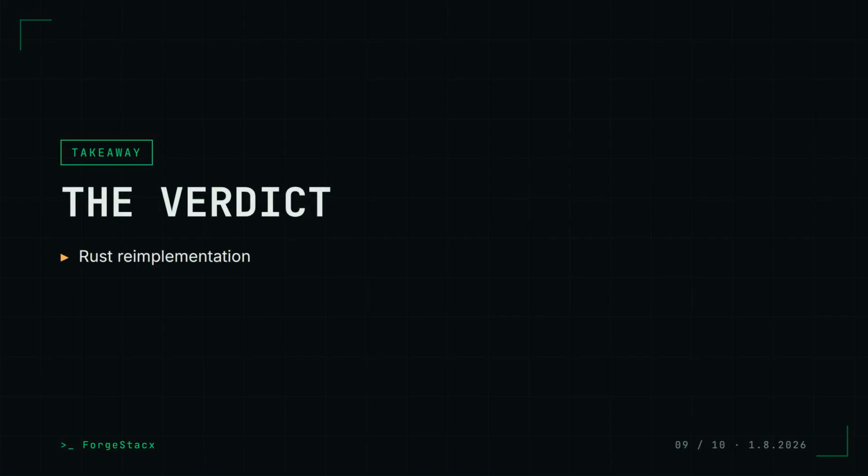OpenCalc is a great example of what happens when someone takes a beloved piece of software and says, "I can do this better." It has the nostalgic Windows 95 interface that millions of people recognize, but under the hood it is a clean, modern Rust application with real expression parsing, calculation history, and native Linux support.